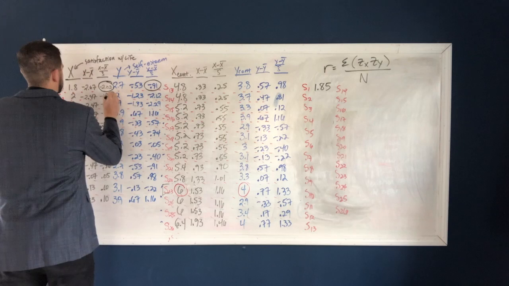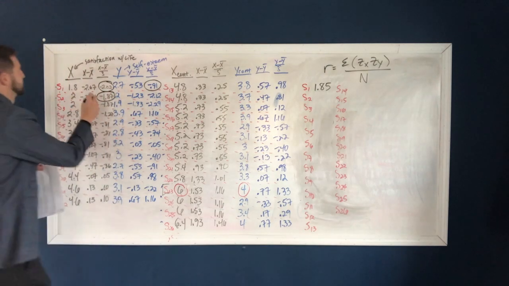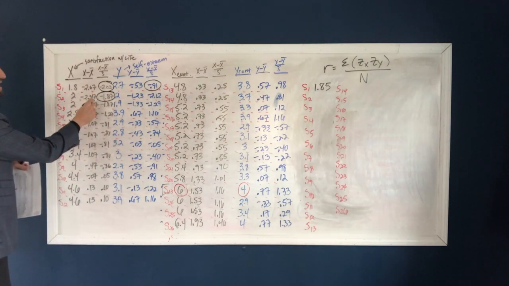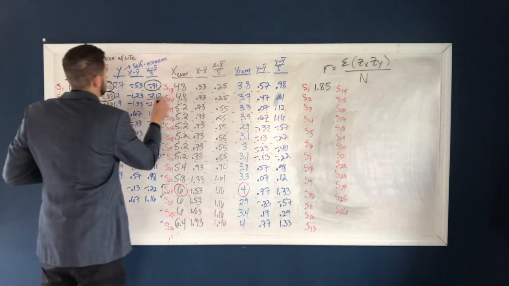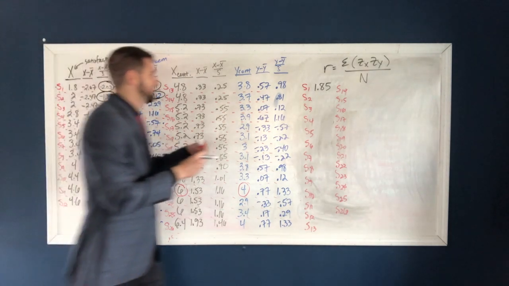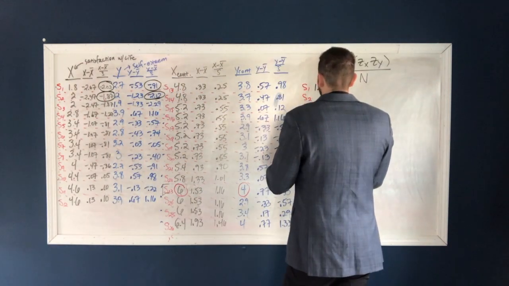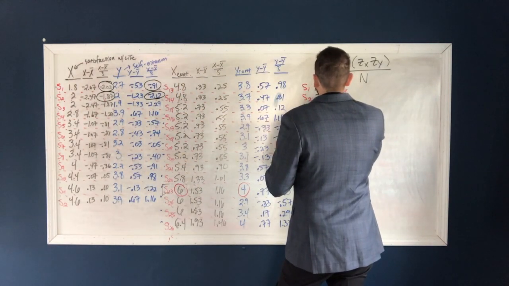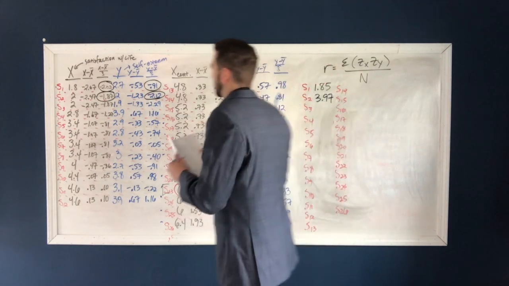Okay, subject 2 has a satisfaction with life z-score of negative 1.87, and a self-esteem z-score of negative 2.12. When you multiply those two, you get 3.97.